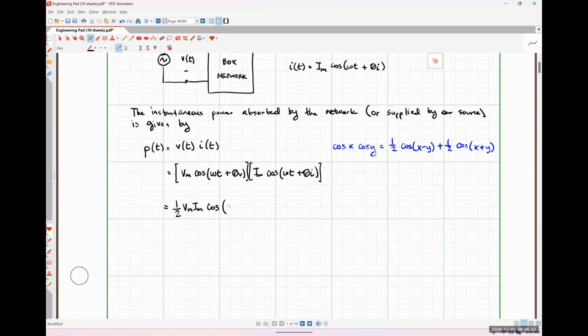So that'll be simply theta v minus theta I. And then we have the second part of our trig identity. So we're going to have 1/2 times the magnitudes. And now we have to add those angles together. So we're going to have omega t plus theta v plus omega t plus theta I. And so that's going to look like cosine of twice omega t plus theta v plus theta I.